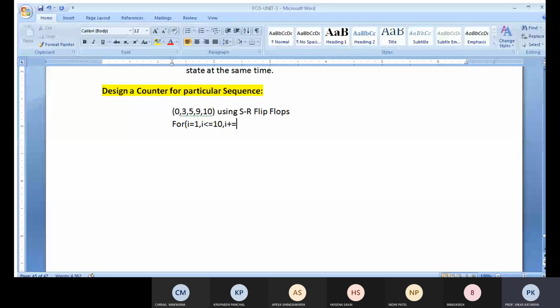So most of the time you give this kind of for loop in your program. Here you are telling the counter that it starts with 1, checks the condition whether it is less than or equal to 10. If it is, then increment it by 1. So on every clock pulse, it changes the state.